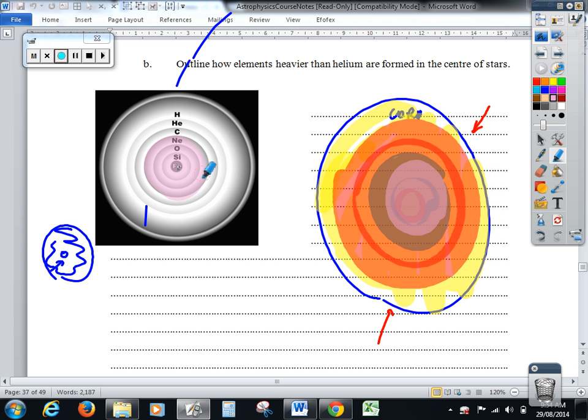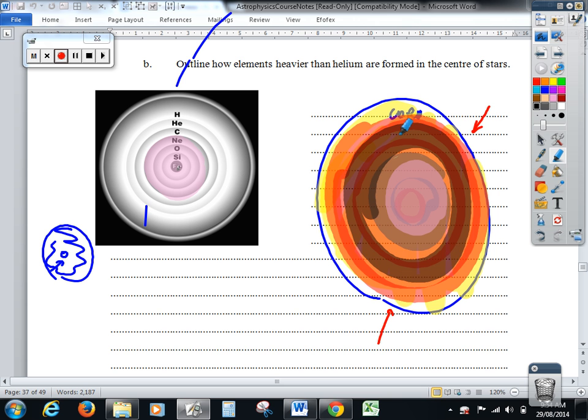At the same time, what is happening? The helium is starting to get bigger, so is the carbon. And we now have another shell out here.